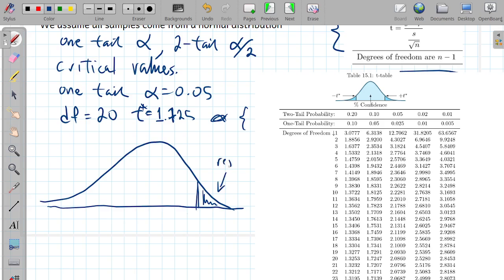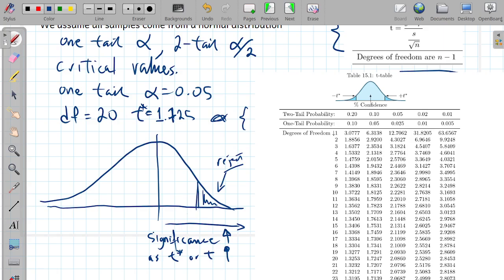This is where you reject H null, because the further you are from center, significance increases as t star, or calculated t, increases. Remember, p-values get smaller when that happens.